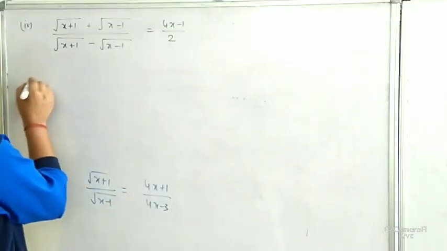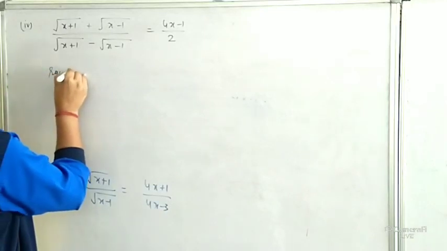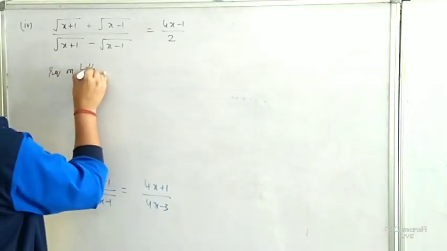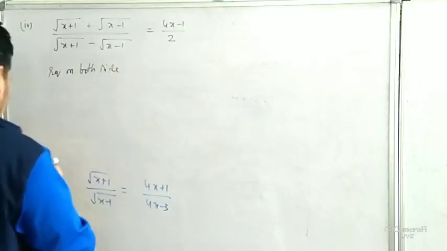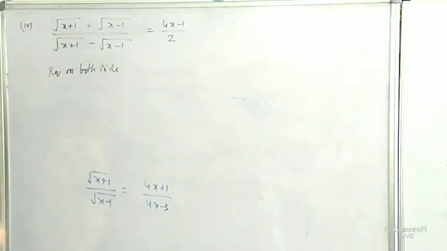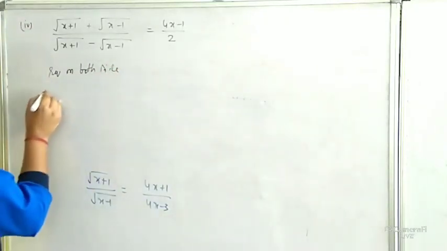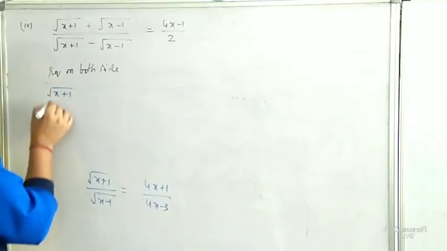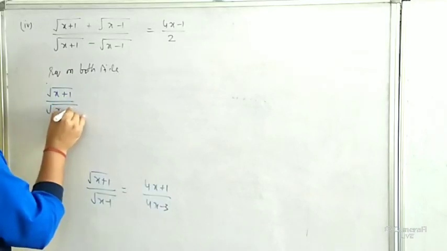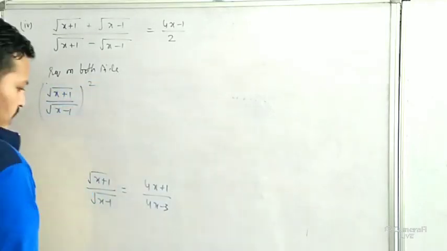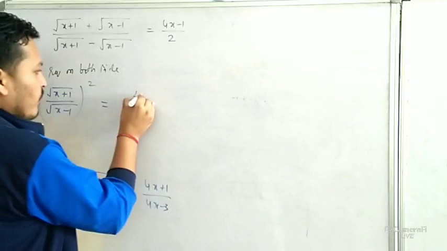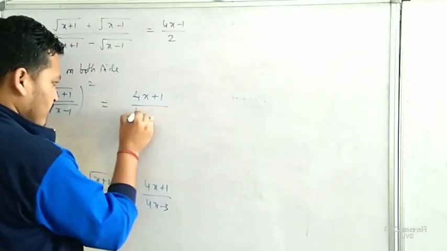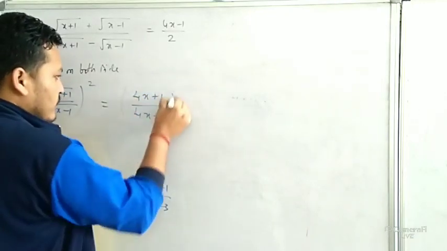So squaring on both sides, root x plus 1 upon root x minus 1, then whole square is equal to 4x plus 1 upon 4x minus 3 whole square.